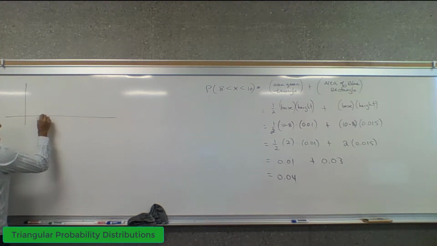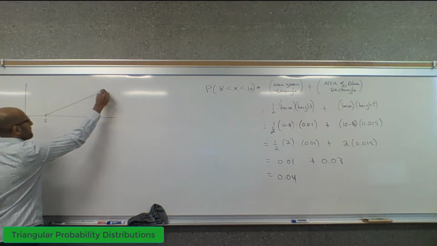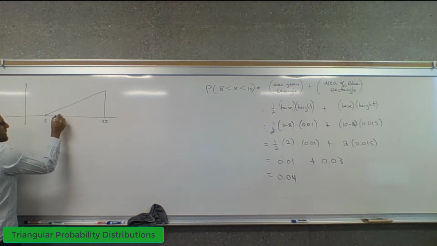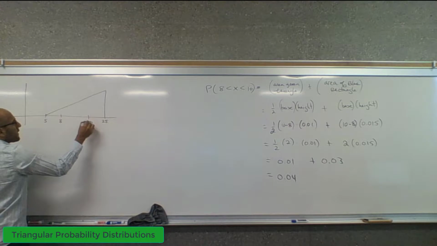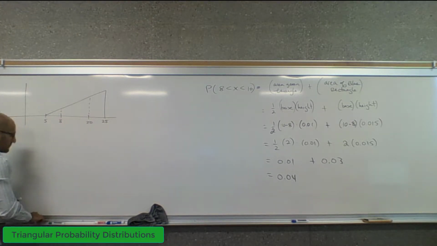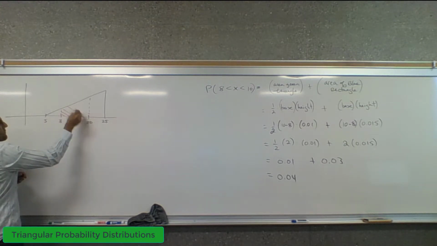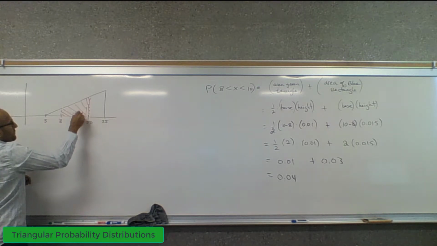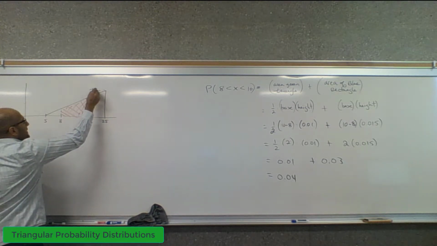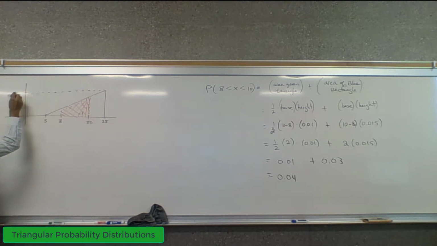We have that the minimum value is 5. It goes out to 25. And we want to know the probability that x lands between 8 and 20. So now this is the area we're after. That one right there. We know that this height over there was 0.10.